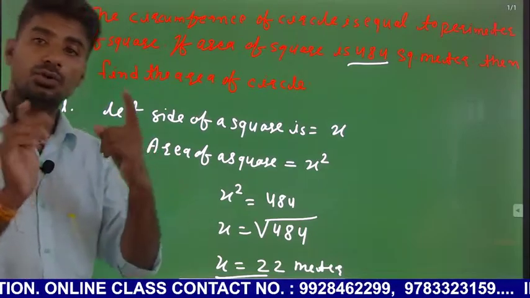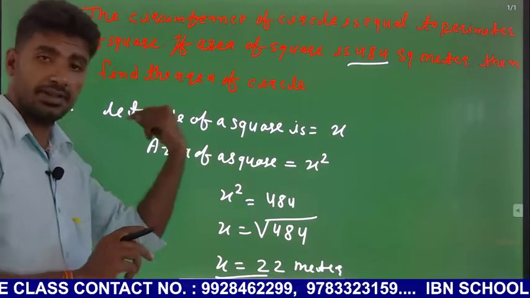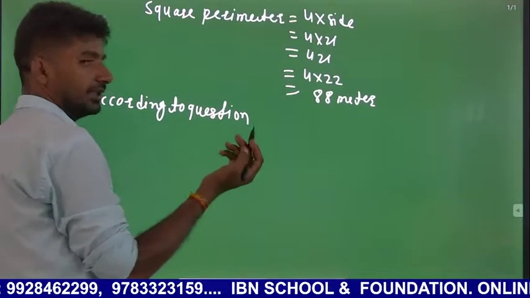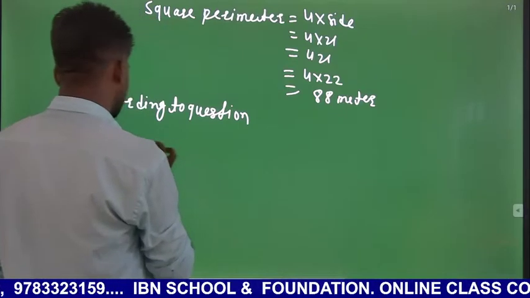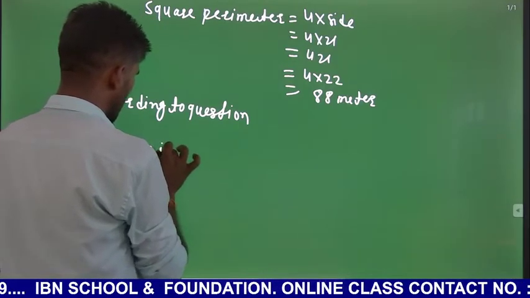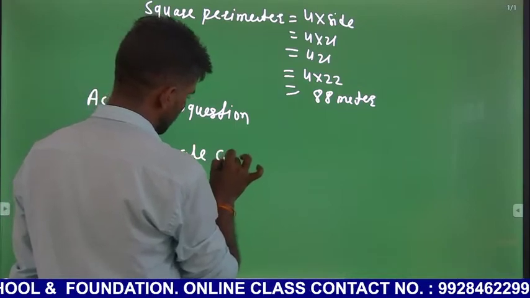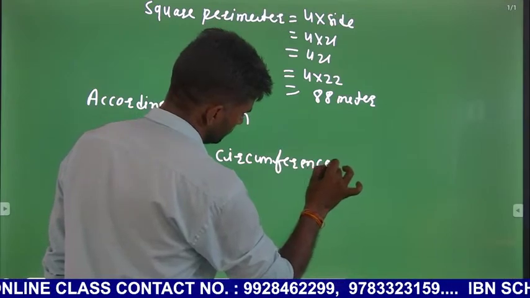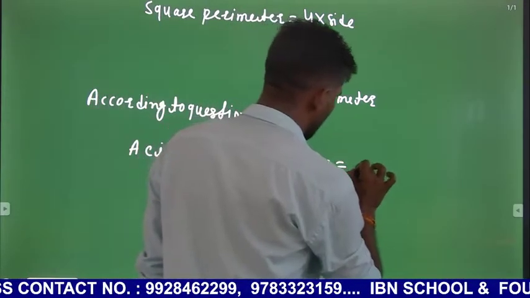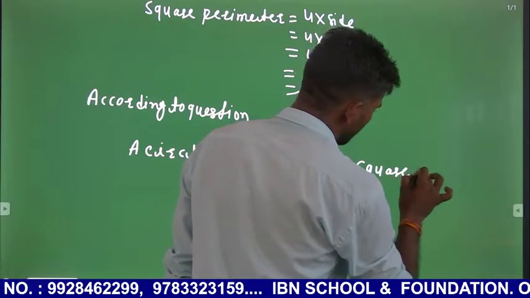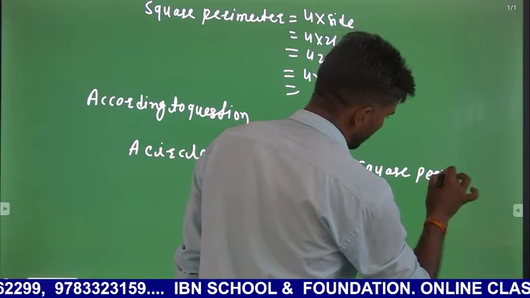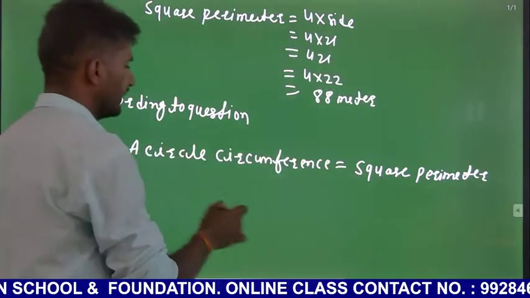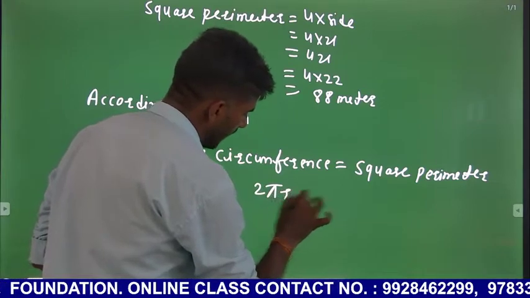That means the perimeter of the square and the circumference of the circle are equal. So the circle circumference is equal to the square perimeter, and a circle's circumference is 2 pi r.